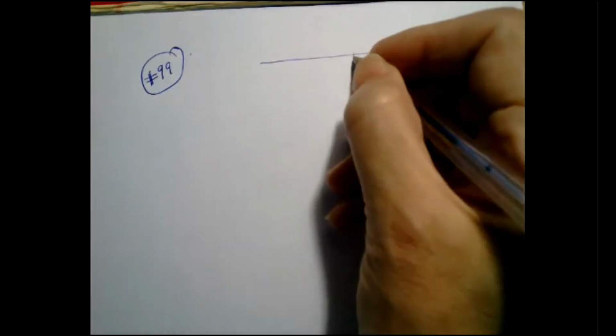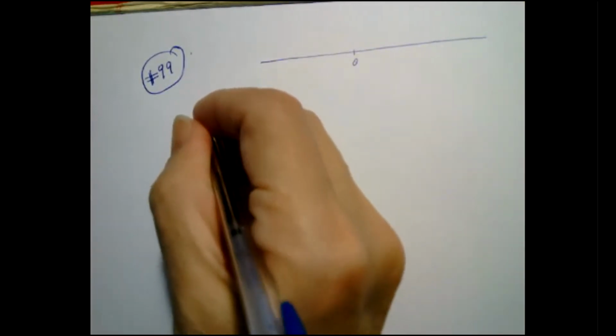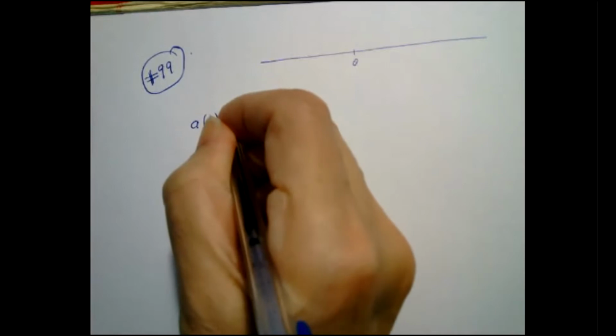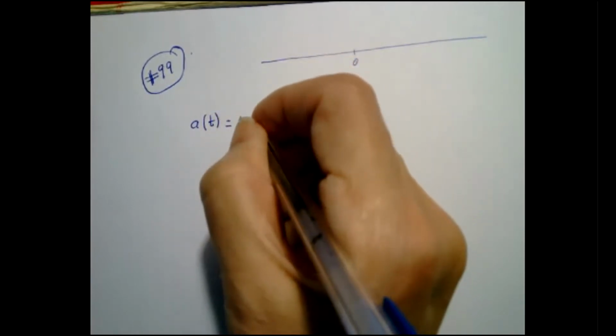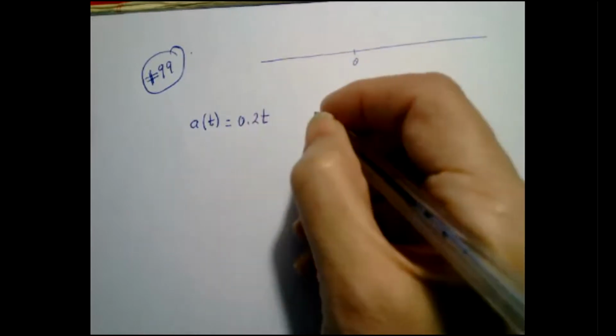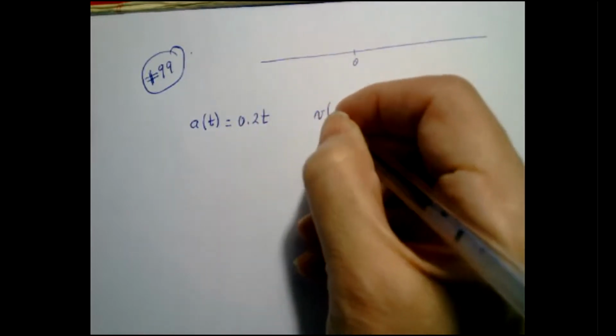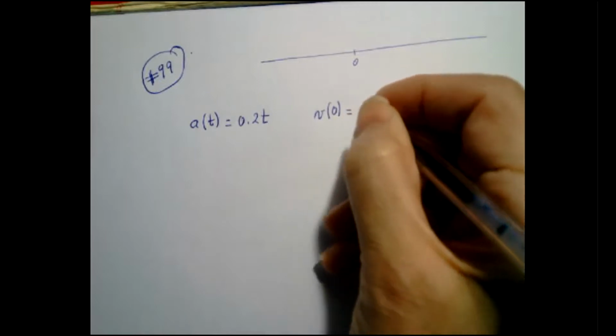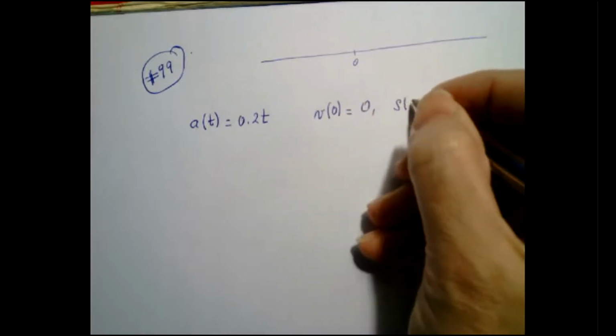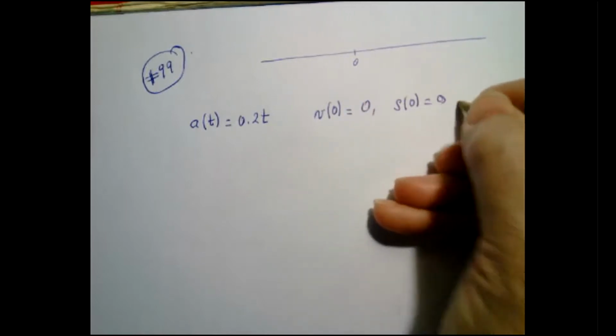Number 99. Okay, so we have an object which is moving along a line, and we are given the following: the acceleration is 0.2t, the velocity at t equal to 0 is 0, and the initial position at 0 is 0.